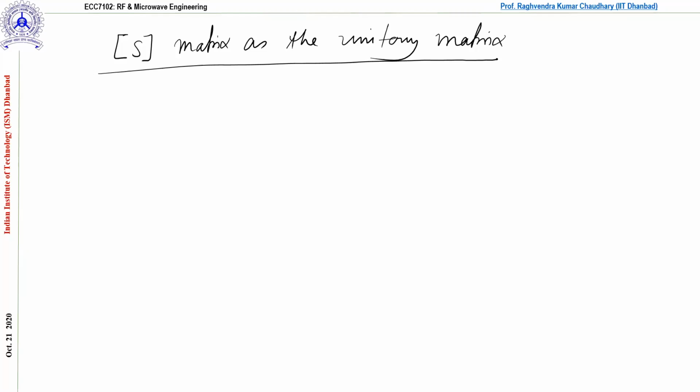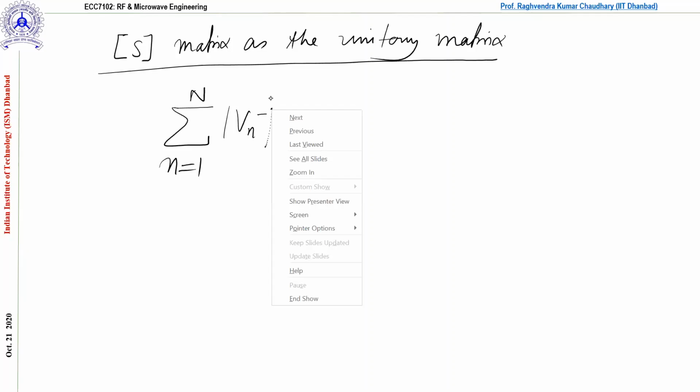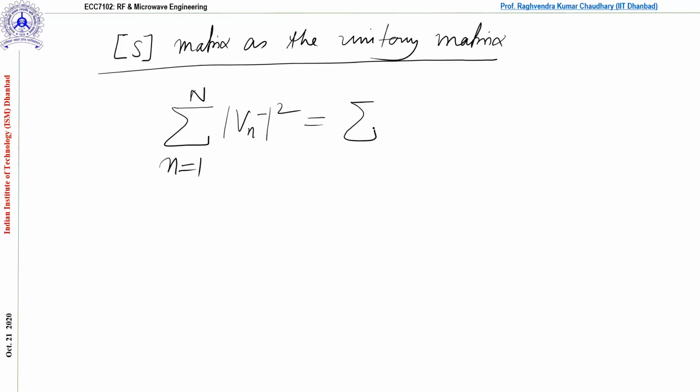The very first thing we can write, if the junction is lossless, which is the assumption we made last time and got the two very important properties I just wrote here, is a power conservation law: summation n equal to 1 to capital N of mod of Vn minus square is equal to summation n equal to 1 to capital N of mod of Vn plus whole square.